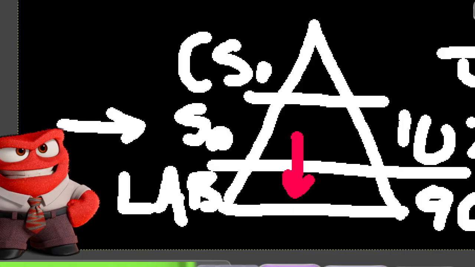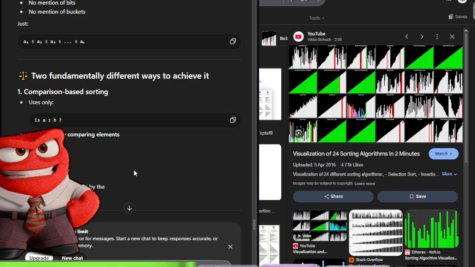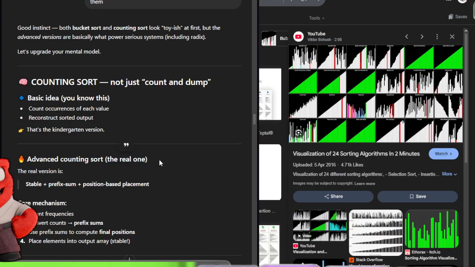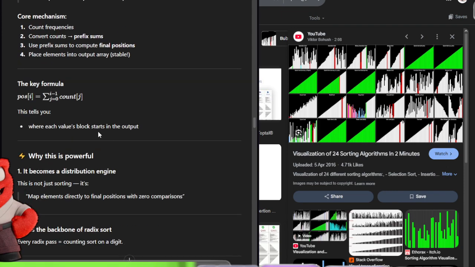Let's keep going. I need to know the LSD versus MSD because it's so weird. There is advanced, the real one, of course. Count frequencies. Yep. The real one. You cannot get it from Wikipedia back in the day. You can only get it through AI at this point.